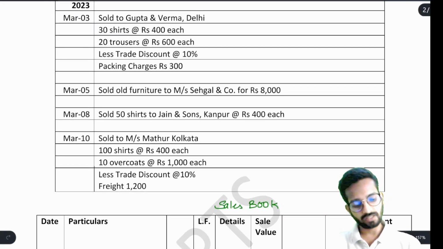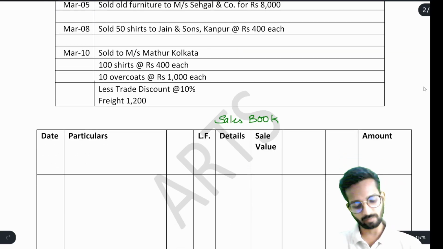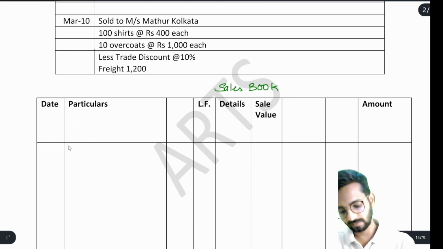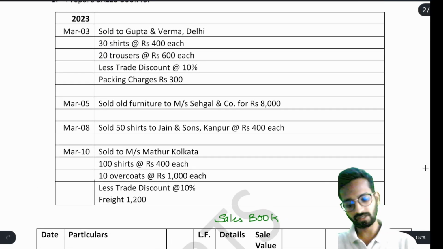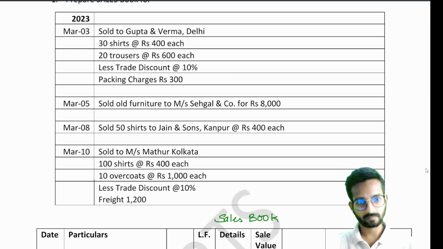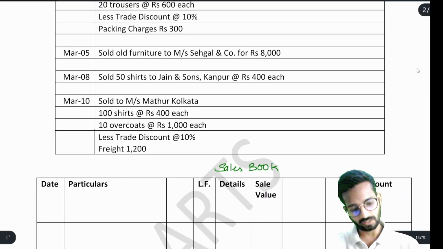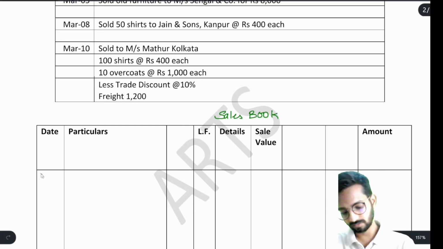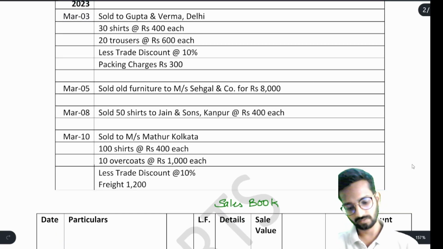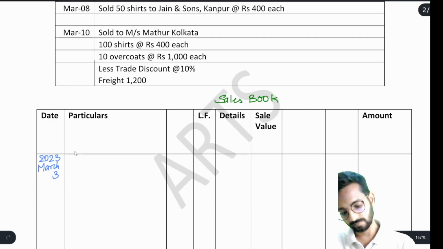First thing is, we sold to Gupta and Verma Delhi 30 shirts, 20 trousers, trade discount and packing charges. So we will write Gupta and Verma. First we will write the date. March 3rd. The name is Gupta and Verma, Delhi.